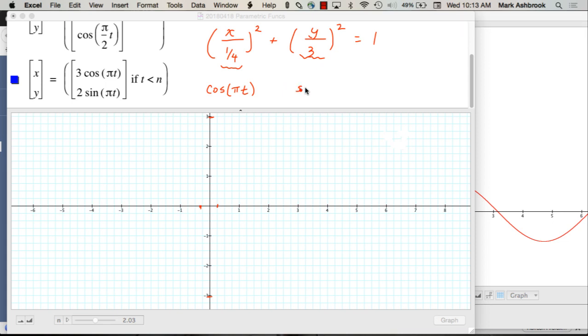So if we were to plug in cosine pi t for here and sine pi t for here, we still have a valid equation, right? Because it'd be cosine squared plus sine squared equals 1. So then this thing here equals cosine pi t, which means x equals what?